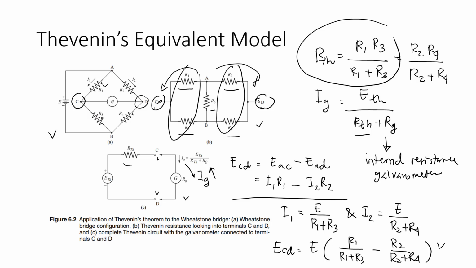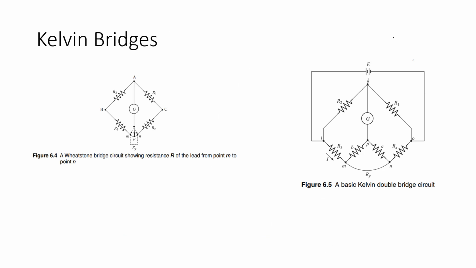After the Thevenin equivalent model, we will talk about the Kelvin bridge. Please look at figure 6.4. This is the Wheatstone bridge circuit showing the resistance r of the lead from point M to point N, a small resistor r here.